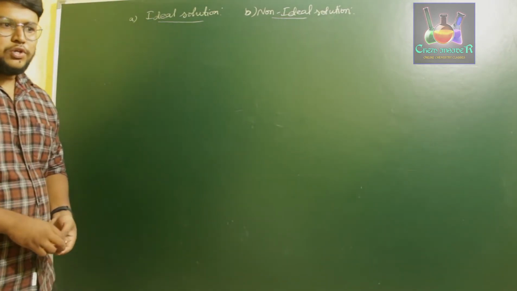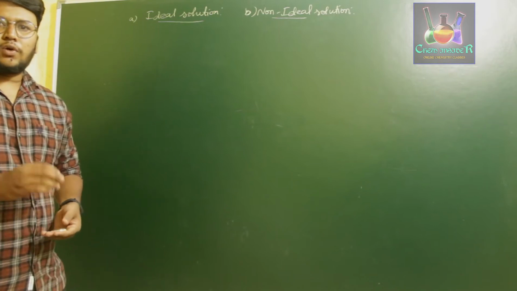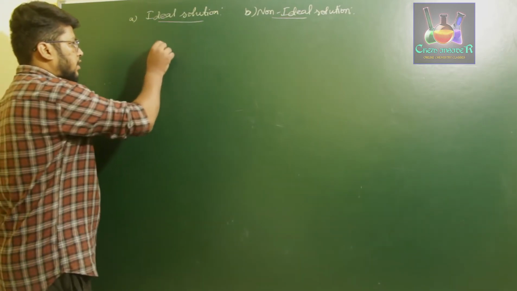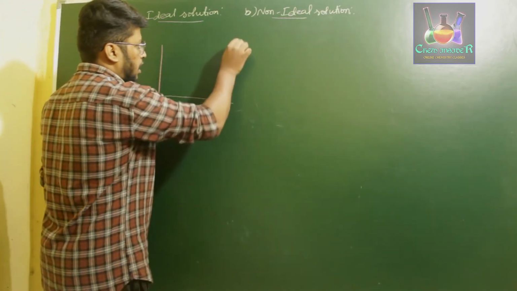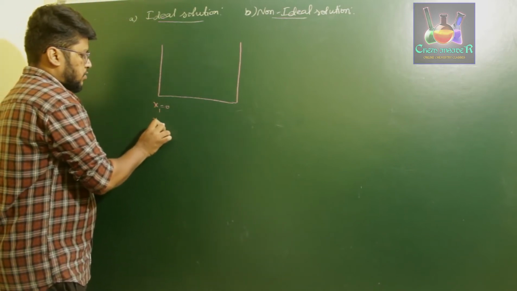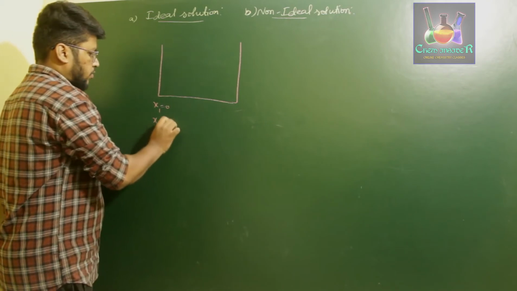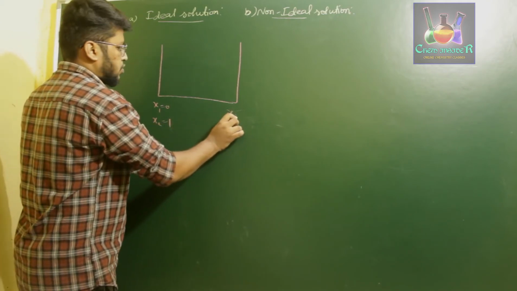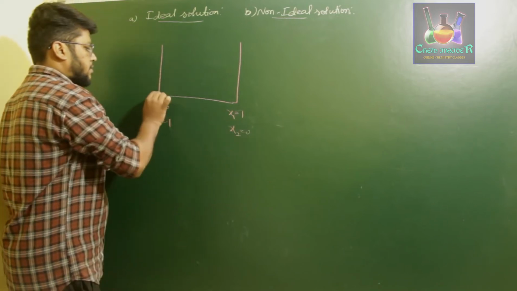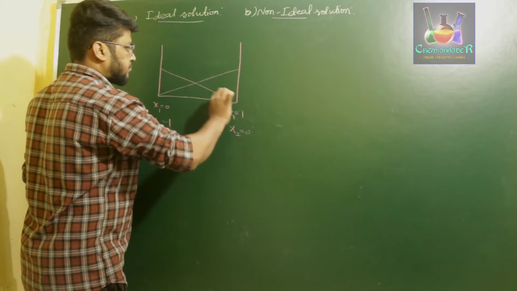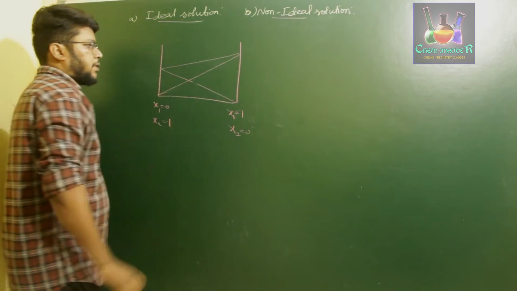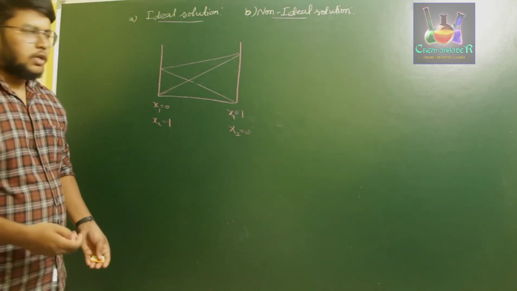Now an ideal solution is one which obeys Raoult's law in all possible concentration compositions. If we consider this as the Raoult's law expression graph, what we observed there was, if x1 is equal to 0, x2 is equal to 1, and if x1 is equal to 1, x2 is equal to 0, we observe certain graphs such as this, and we obtain the vapor pressure of the given solution.